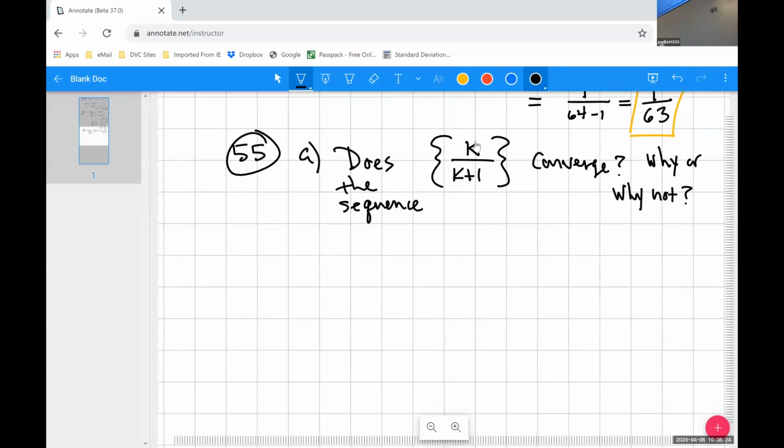So Christian suggested it diverges. And just to be clear, because the book wrote the word, but I didn't, this is a sequence, not a series. So let me put a couple of terms here. So the sequence, if k is a 1, we would have 1/2.